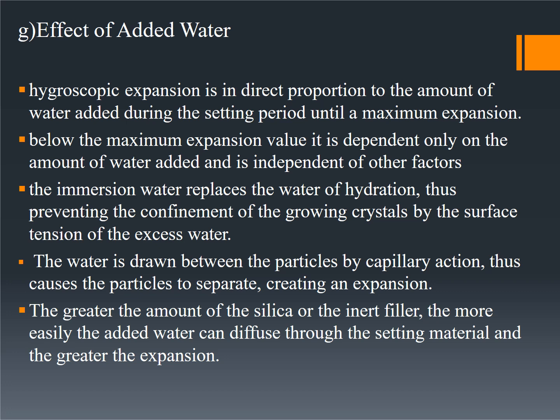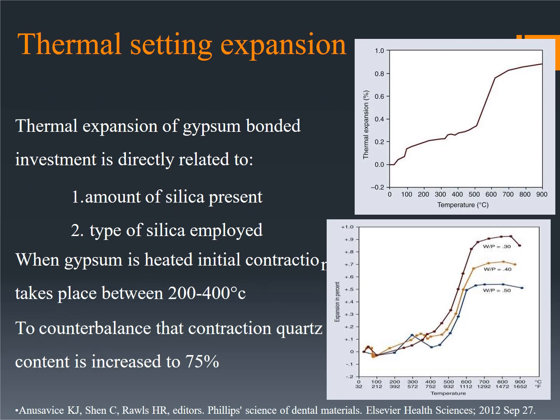The immersion water replaces the water of hydration, thus preventing the confinement of growing crystals by the surface tension of the excess water. The water is drawn between the particles by capillary action, which causes the particles to separate, creating an expansion. The greater the amount of the silica or the inert filler, the more easily the added water can diffuse through the setting material and the greater the expansion.